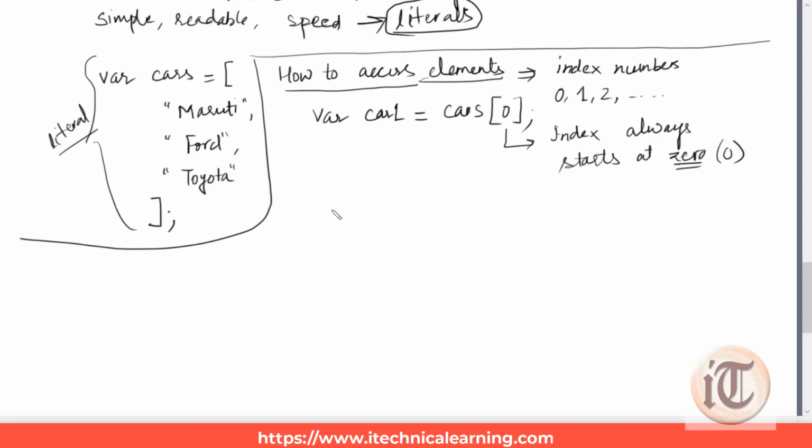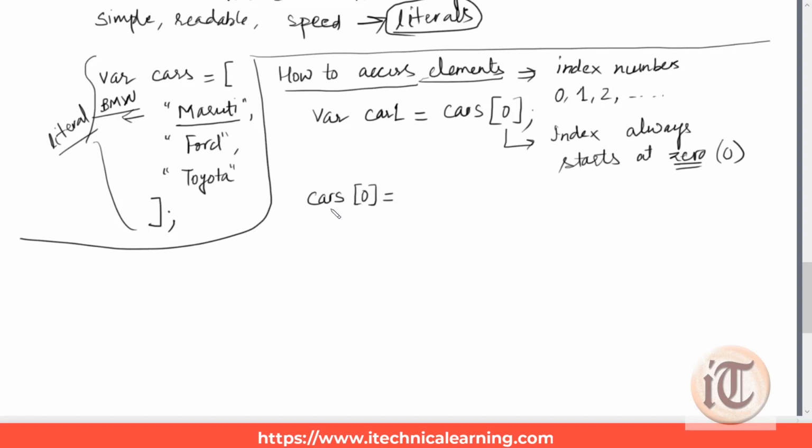Okay. And suppose I want to change an array element. Say the cars array contains Maruti at the 0 index, and I want to change its value to a new value, BMW. So I'll simply write cars, that is the array name, and the index number of the element which I want to access.